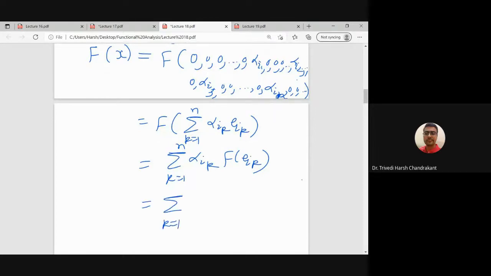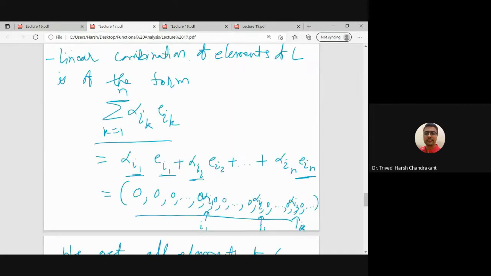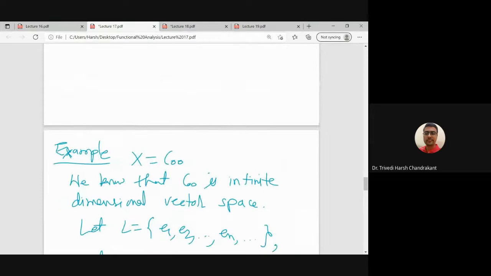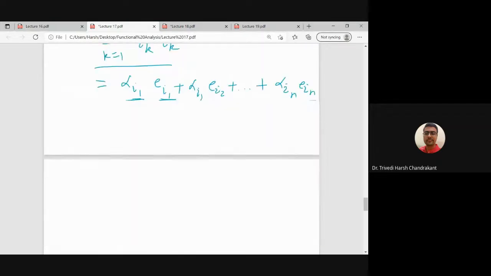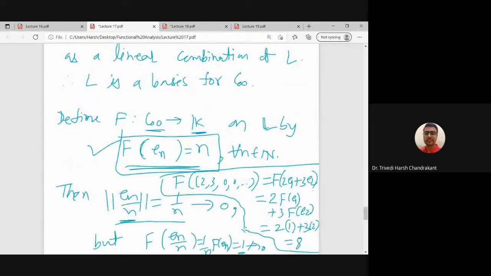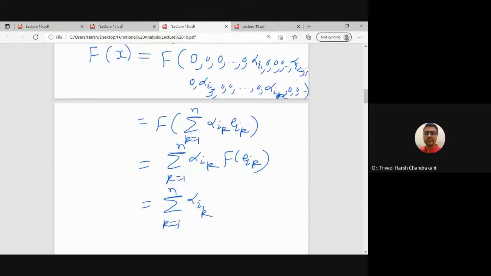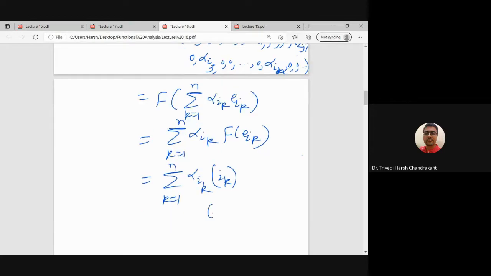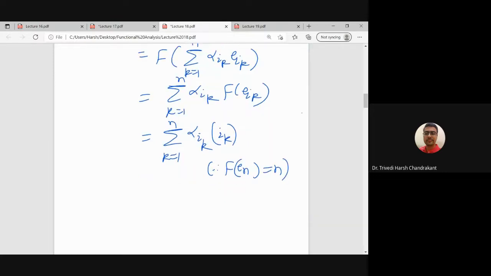And what is f of eik? We define f of en is n, so f of eik is ik. So this function is basically the summation over k from 1 to n of ik alpha ik.